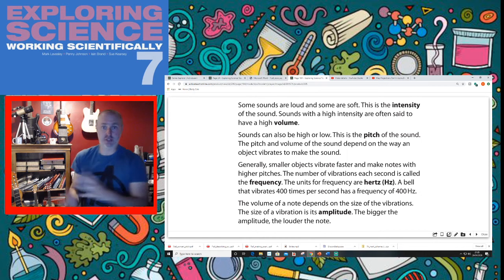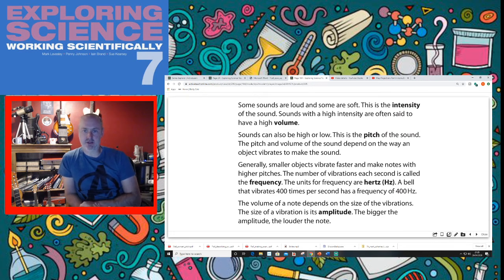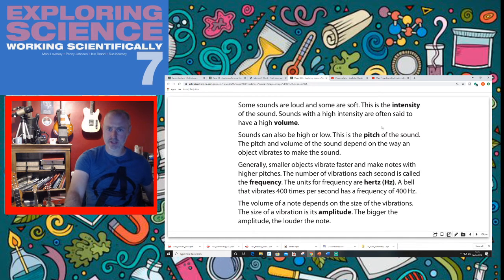Now, I have taught you that the volume of a sound is to do with the amplitude, how far out that vibration is going, and that will all come next lesson. But I want you to be able to recognize the term intensity as being linked to volume. If you've got a high intensity, you have a high volume. We can see pitch there as well, which we've already talked about. The faster the vibration, the higher the pitch, the higher the frequency, the higher the pitch.